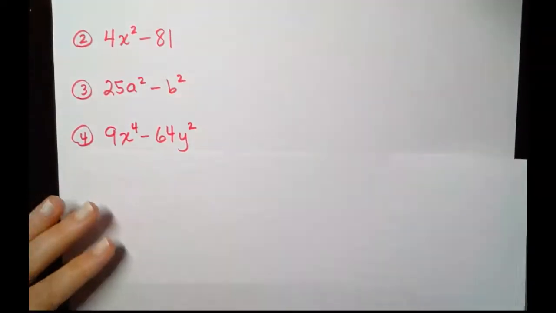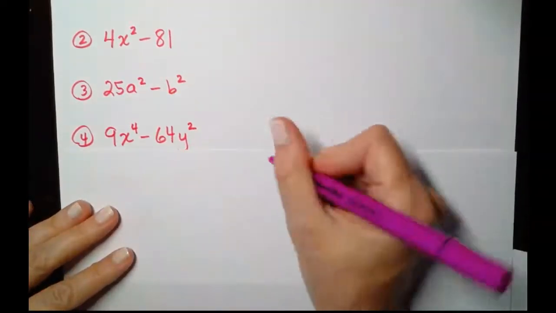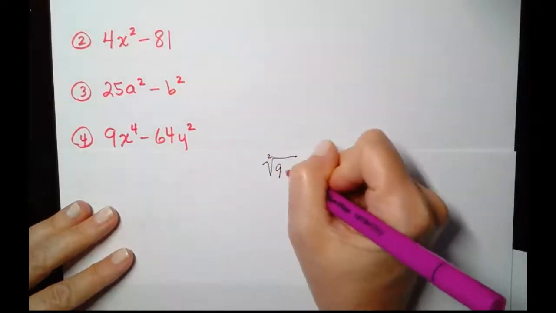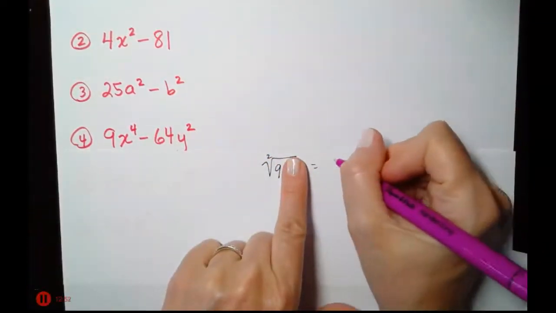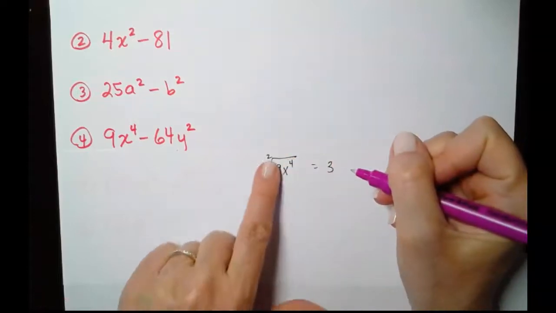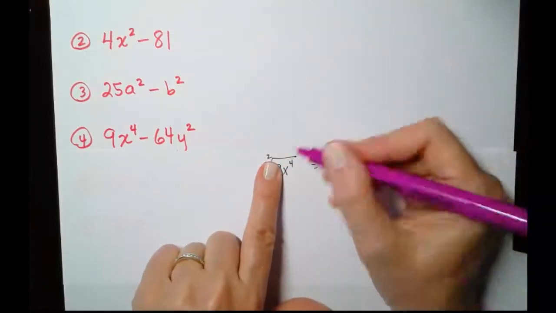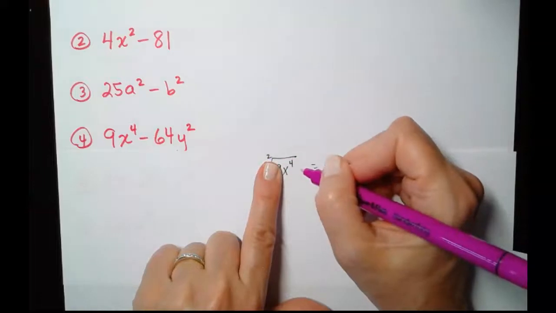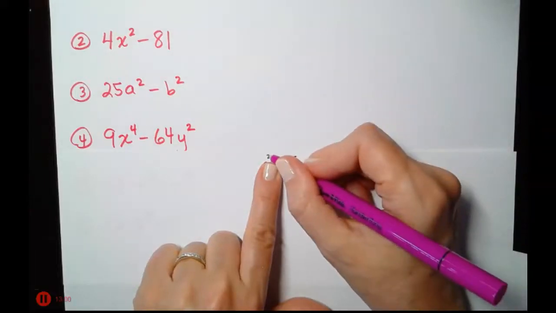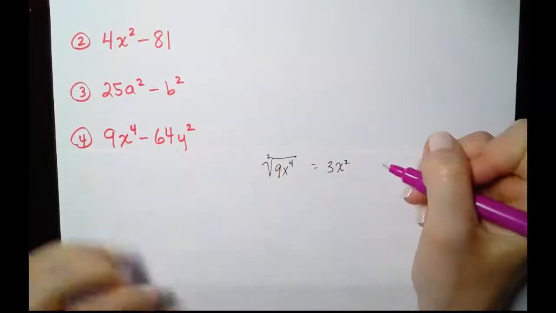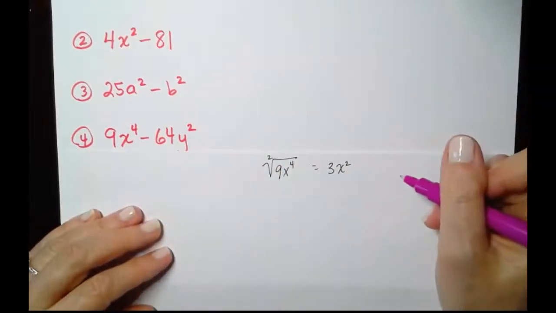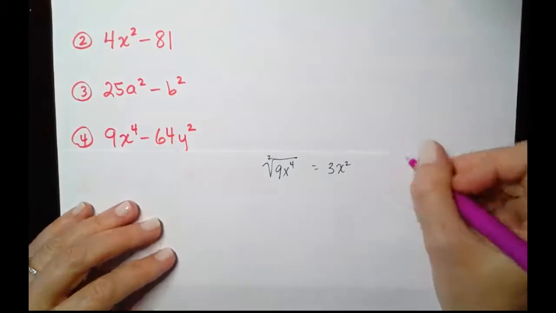We'll move quickly. What is the square root of 9x to the 4th? The square root of 9 is 3. And the square root of x to the 4th, remember, all we have to do is divide the index into the exponent. 4 divided by 2 is 2. The square root of 9x to the 4th is 3x squared.